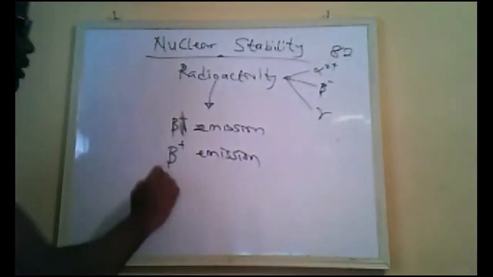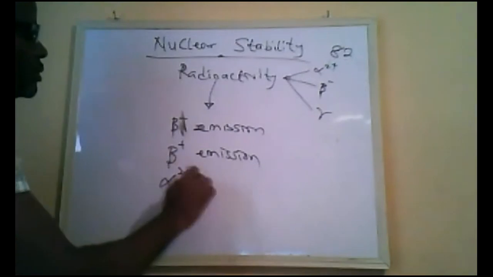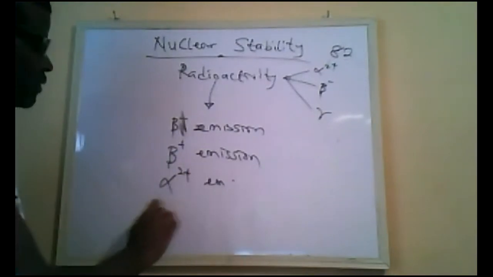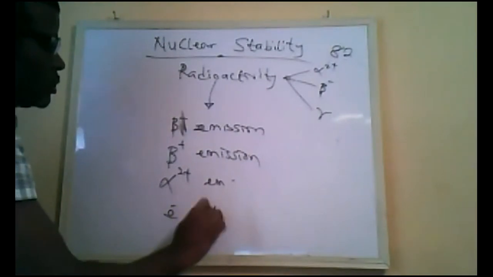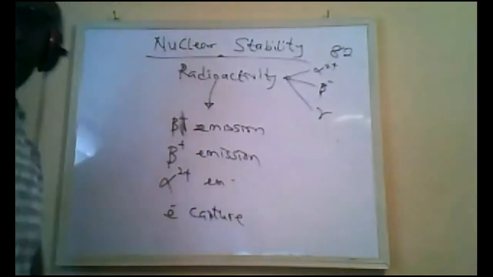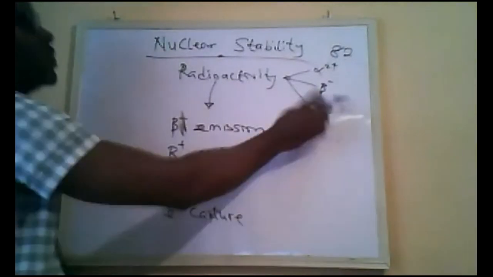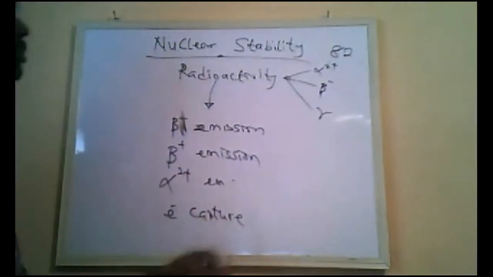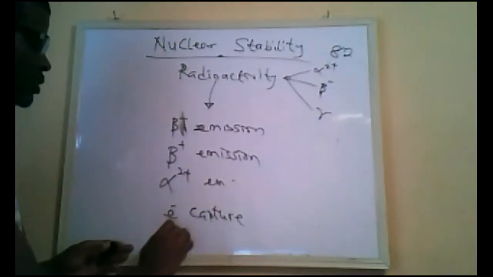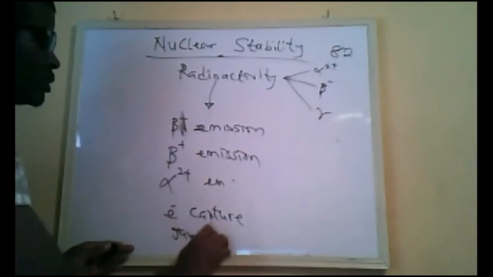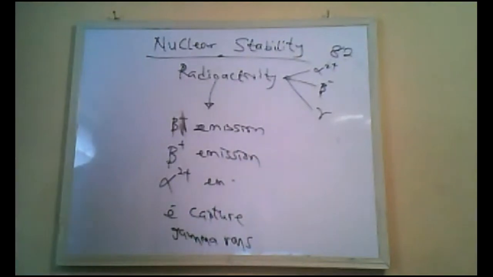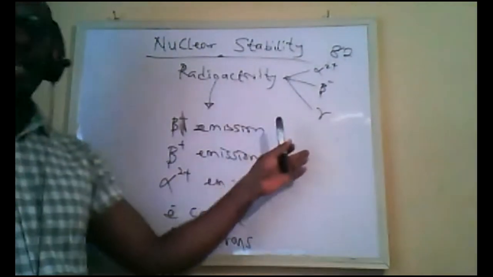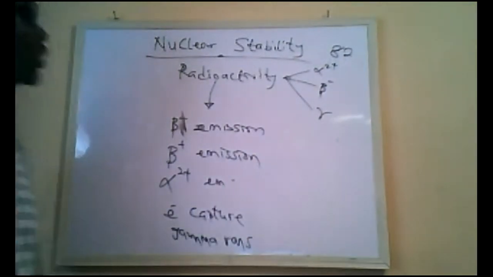We can have alpha emission. We can have electron capture. We can also have isomerism, in the form of gamma ray emission. Through these five major processes, the nuclide becomes stable.